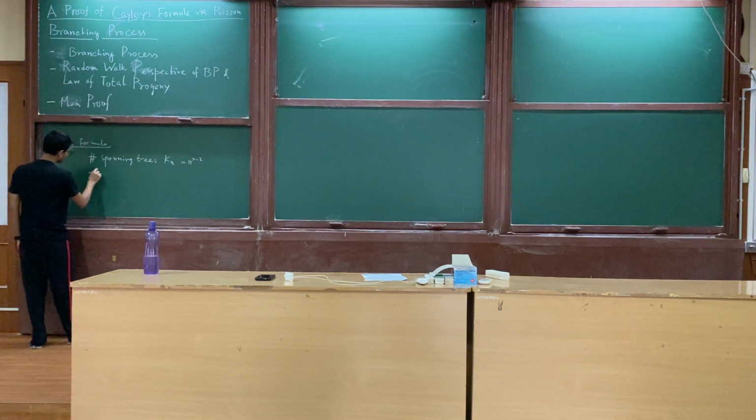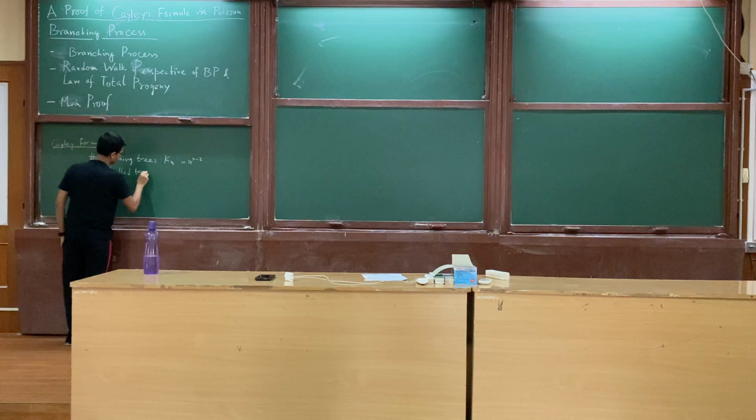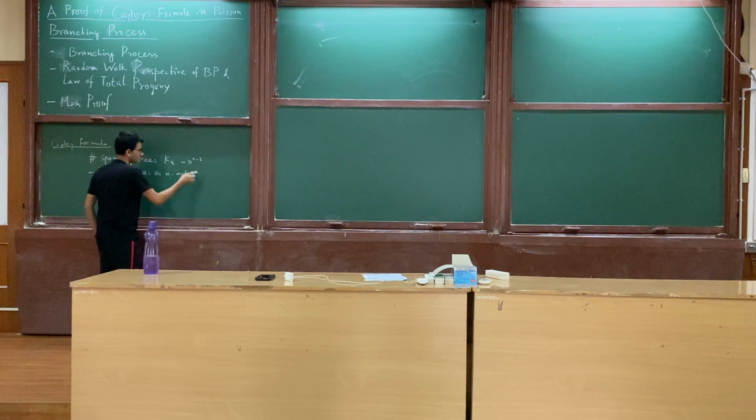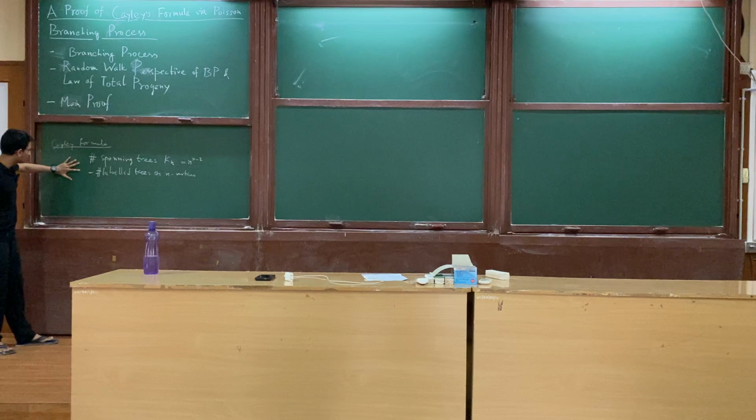Or equivalently, we can say the number of labeled trees on an n-vertex graph is n to the power n minus 2. So at the end of the talk, we'll prove this.